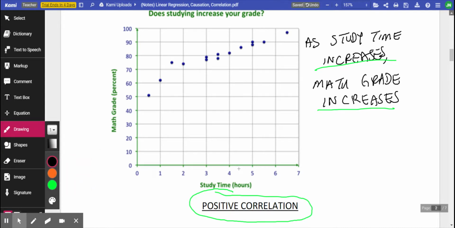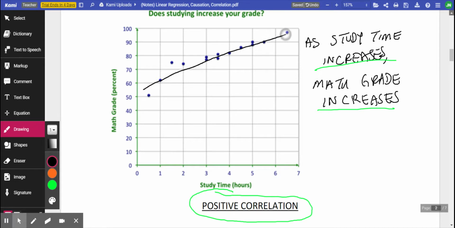The reason it's called a positive correlation is that if I were to draw an imaginary line through these points, as close to the points as possible, this is called the line of best fit. But again, it's just an approximation. Maybe this is not the best line. You want the line to go through, or be as close to, as many points as possible.